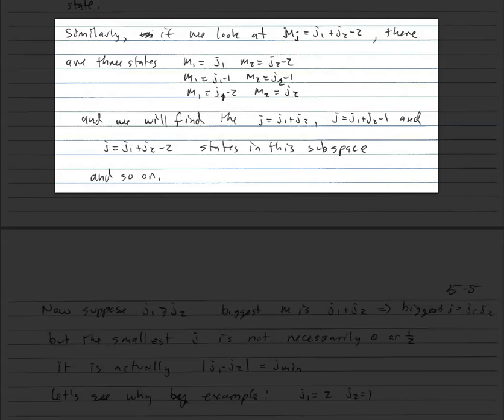We get the state that has j equals j1 plus j2 minus 1 by hitting that state that we found before, the maximal mj state with j1 plus j2 minus 1, and we hit that with a j minus. And then the state that is perpendicular to those two states is the state that has j equals j1 plus j2 minus 2. And you can see that you can just repeat this, okay?